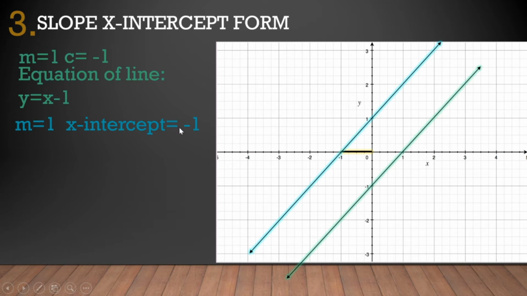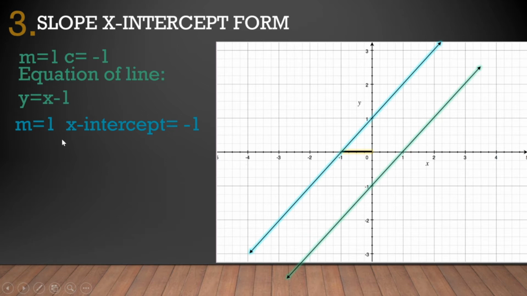When the x-intercept is given, the line cuts off an intercept of this length on the x-axis. Intercept is the length of the segment from the origin to the point where the line intersects the x-axis. So when you are given the x-intercept, you are given a piece of the x-axis that the line cuts off.